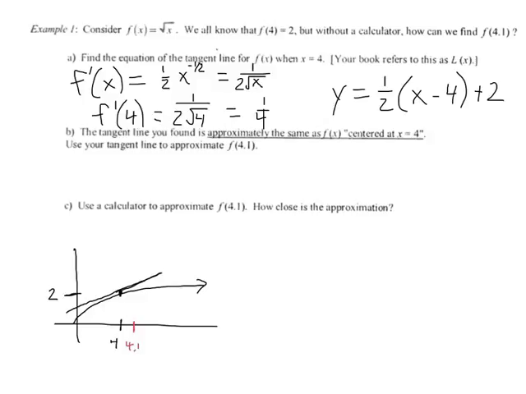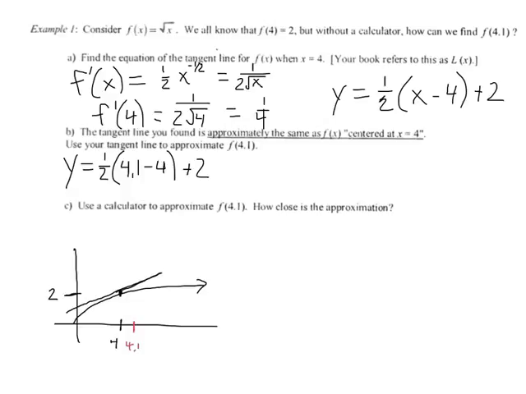Use your tangent line to approximate f of 4.1, to approximate the square root of 4.1, just not an exact value. So we go y equals 1/2 times, then we put in a 4.1 minus a 4 plus a 2. I thought something looked funny there.